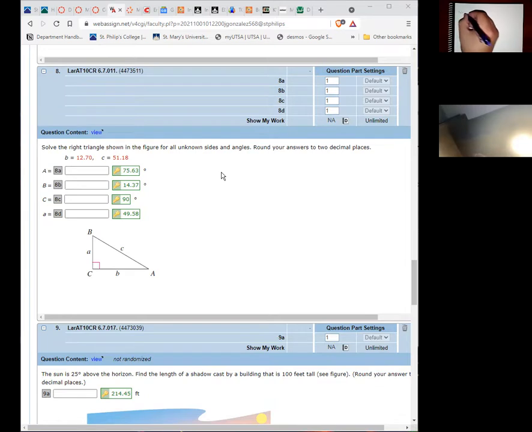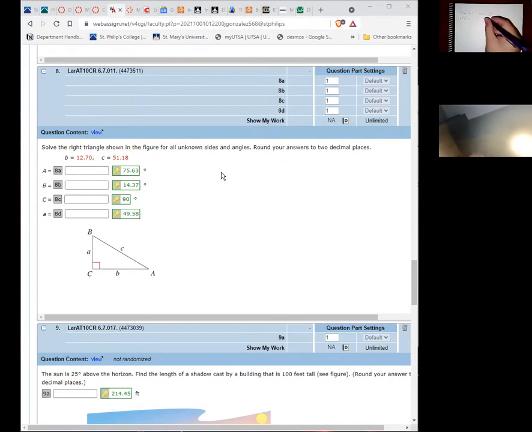My little b was 17.6. This was 6.7, I think. Your little b was, what was it again? 17.6. And then little c was 53.18.